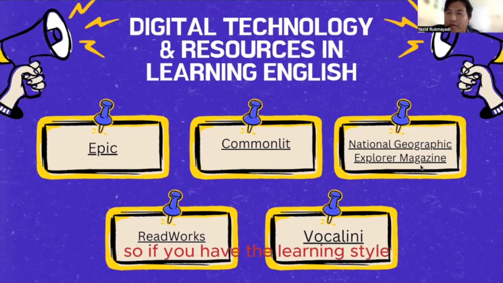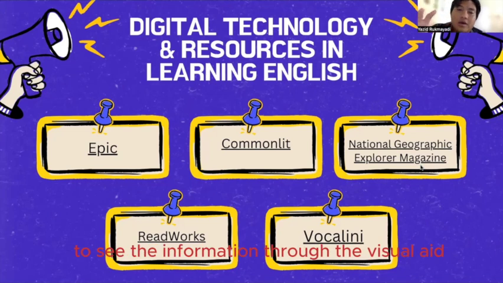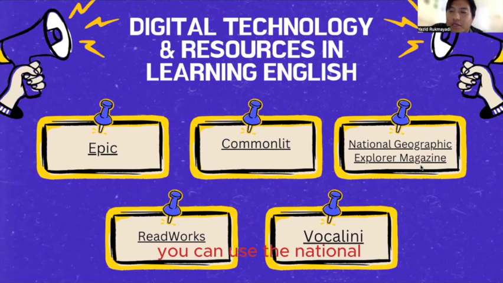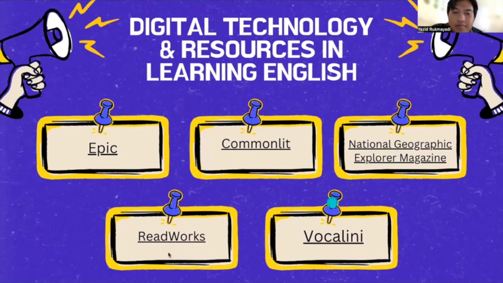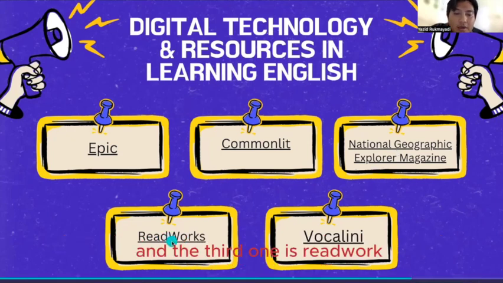So if your learning style is to see information through visual aids, you can use National Geographic Explorer magazine. You can just click the web or the button in the magazine. The next one is ReadWorks.